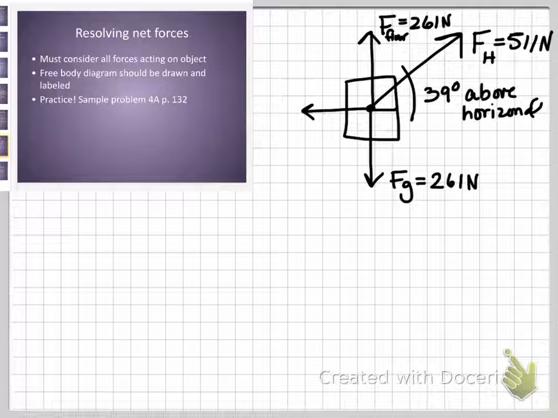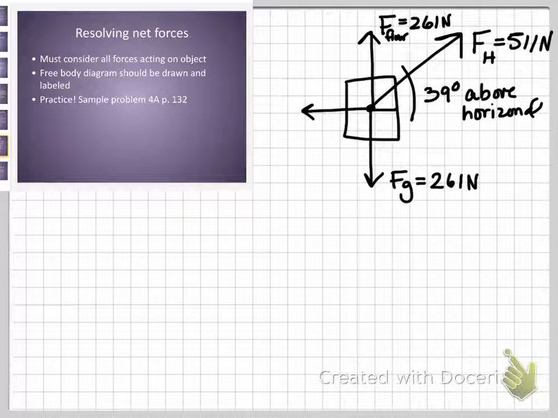Okay, so I'm starting to draw out a free body diagram for a problem. Now remember, the first step in the problems, because you're getting a verbal problem, is drawing this free body diagram. I'm starting from the free body diagram, so you have to become pretty proficient at drawing it from a description. So I've got force of gravity on this object is 261 newtons down, force of the floor is 261 newtons up.